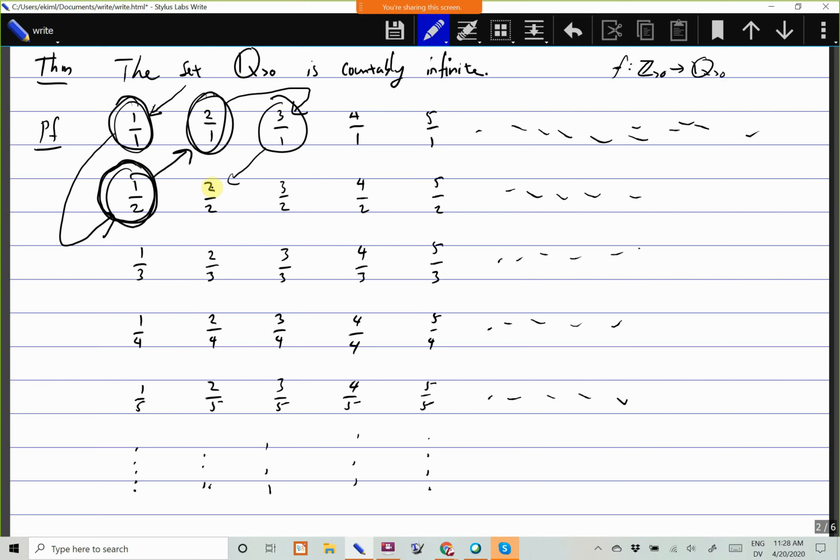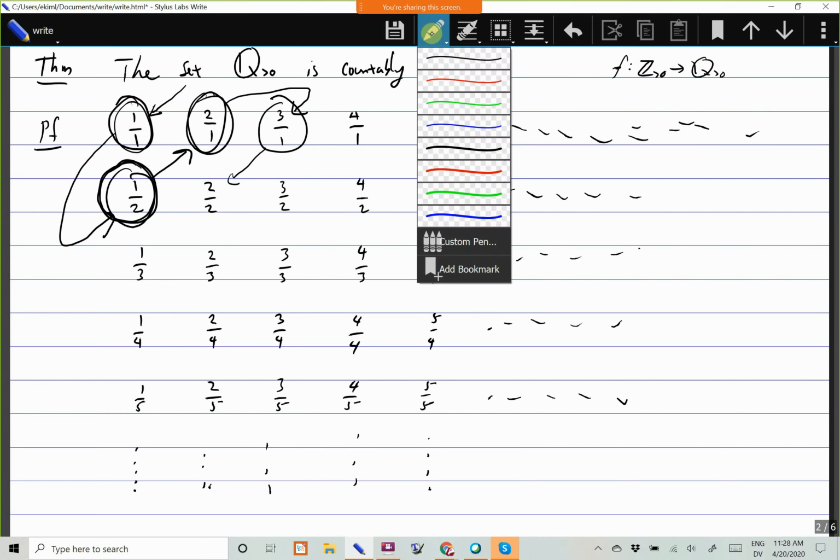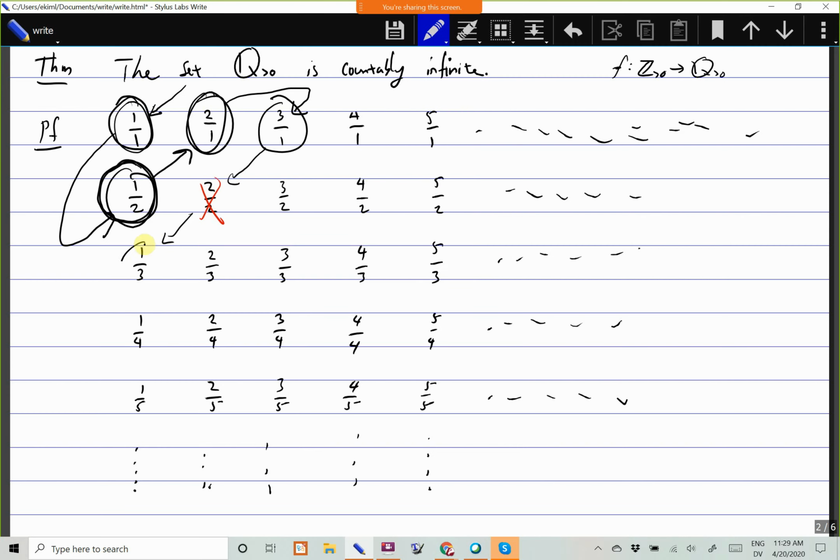This is not f of 5 because we actually already saw the number 2 over 2. It just was written as 1 over 1. So we're just going to cross it out and then move on and have here, let's see, 1, 2, 3, 4, 5. This is my f of 5. f of 5 is 1/3.